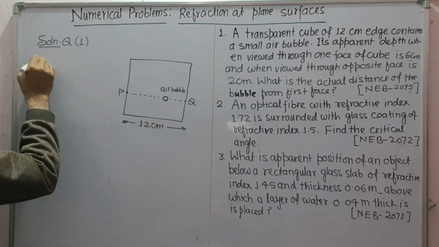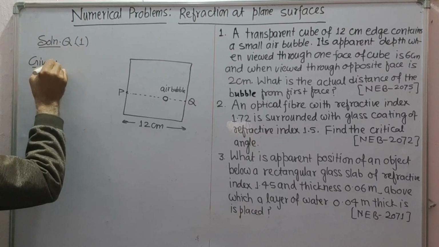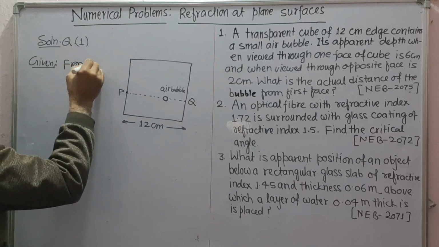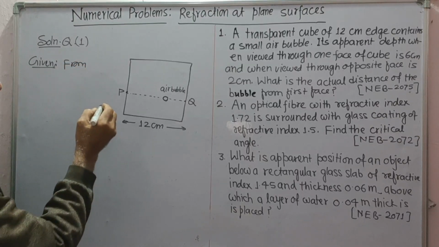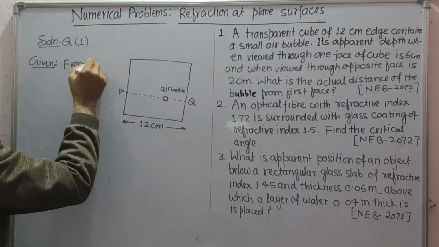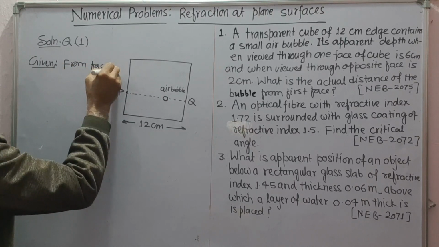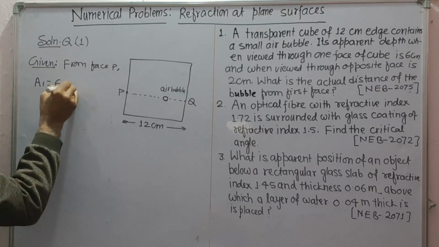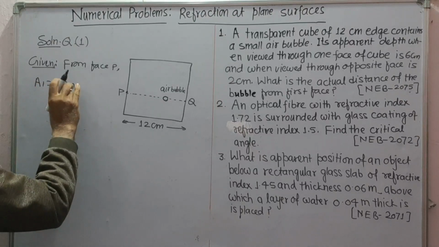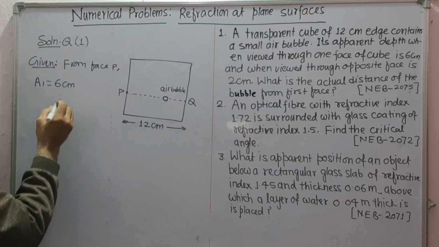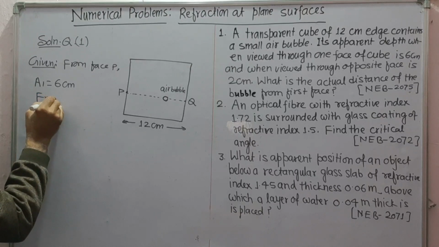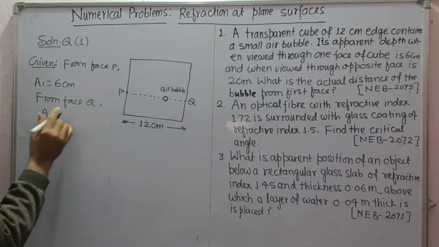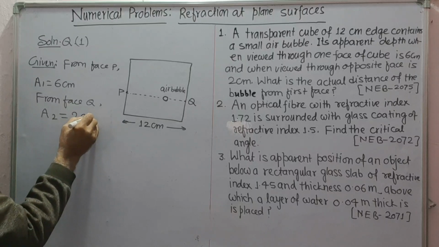So, given from face P, A1 is 6 centimeter apparent depth, and from face Q, apparent distance A2 is 2 centimeter.